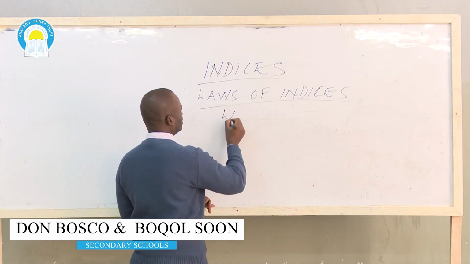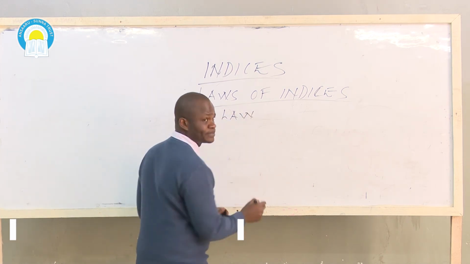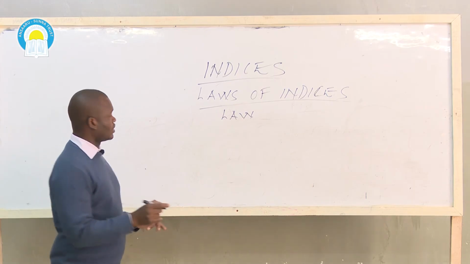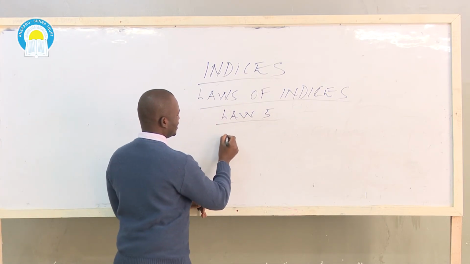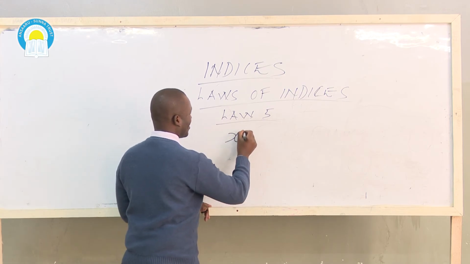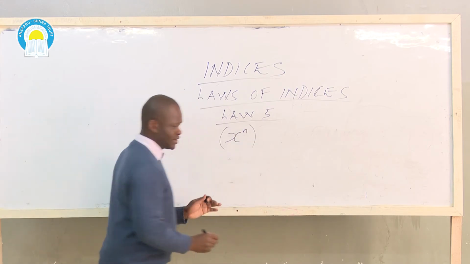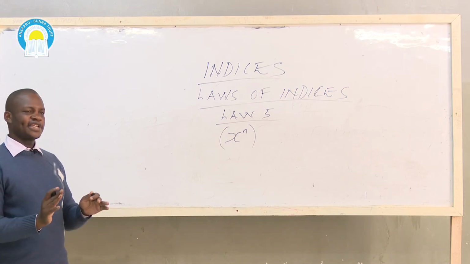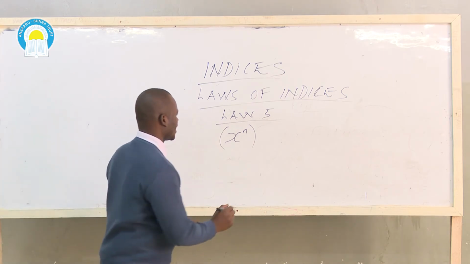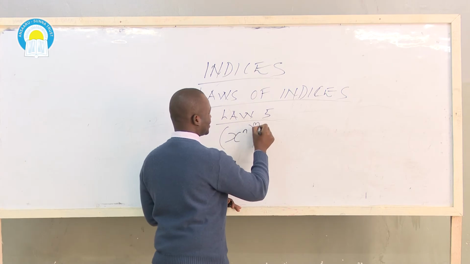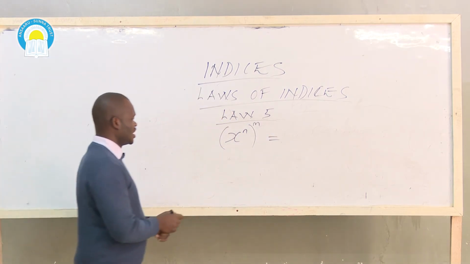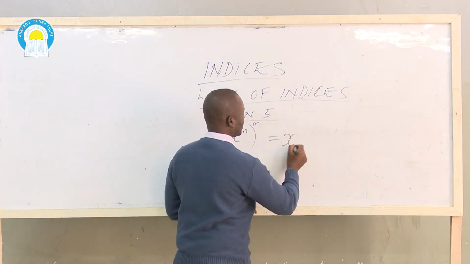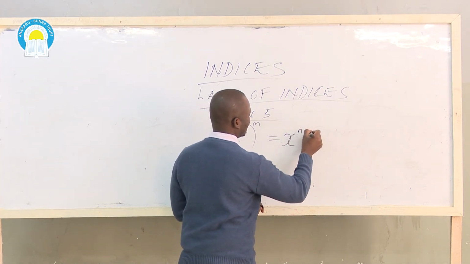This is law number 5. So we have x power n. Already x power n is in index form, but now we are raising that to a power m. So what do you get? Your outcome will be x power nm.